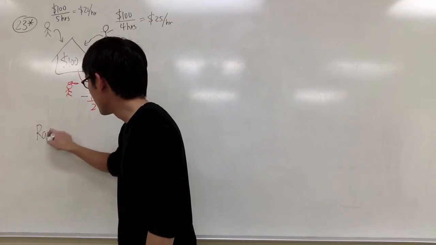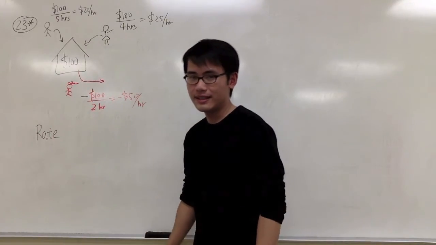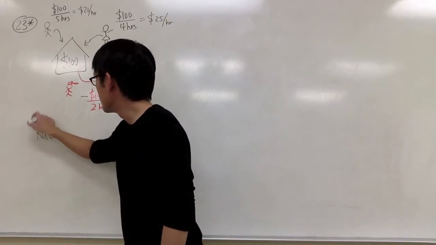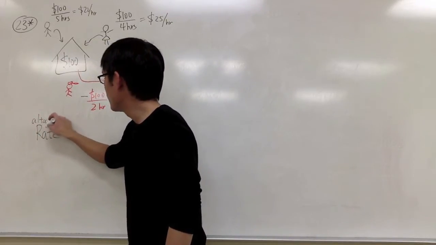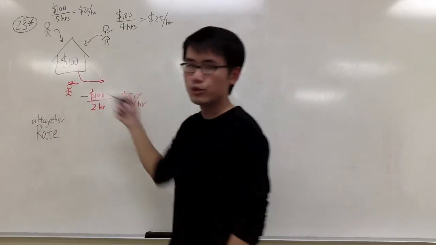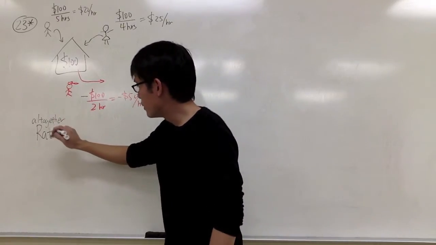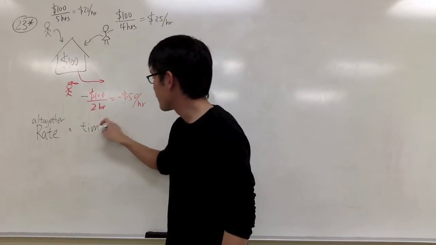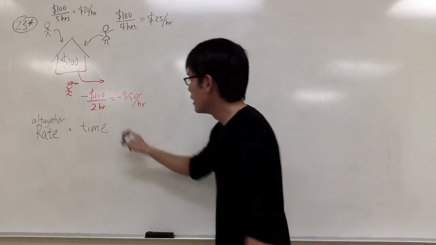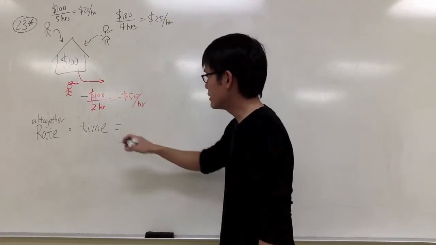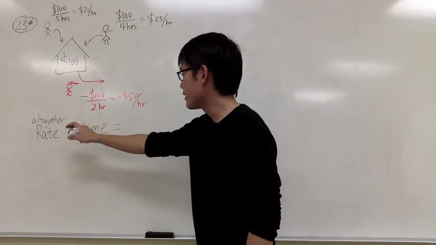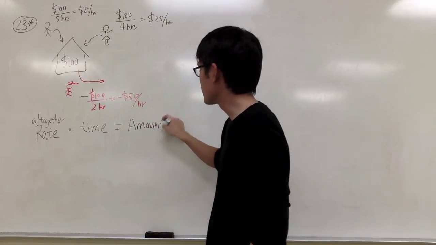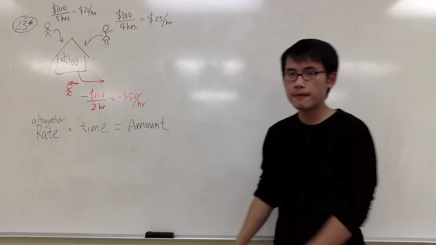Okay, so this is how it works. We are going to find out the hourly rate. I'll write down the rate. Altogether, we have to consider all 3 people. So we're looking for the rate times time, how many hours, is equal to whatever amount we are looking for.